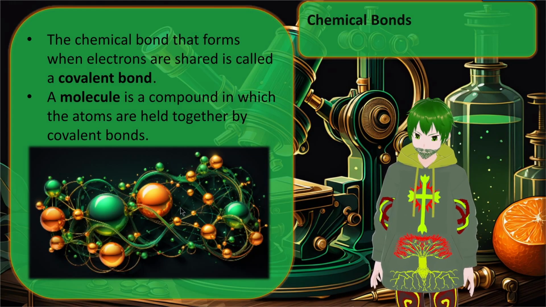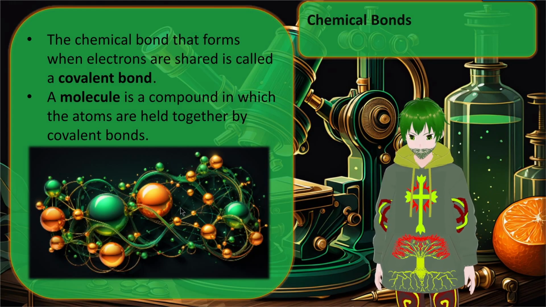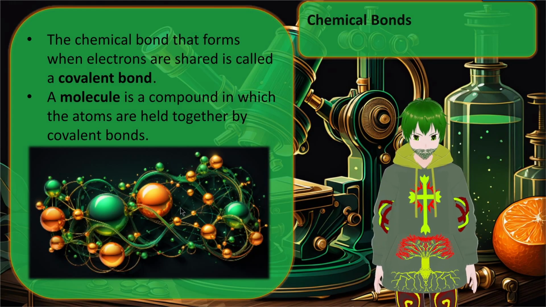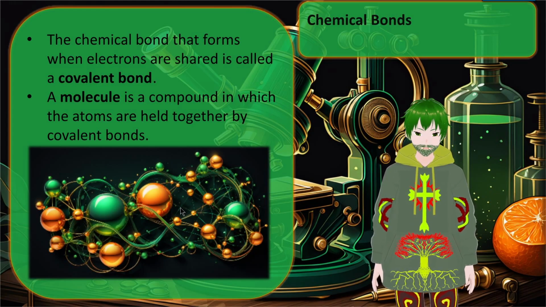So oxygen, for example, has 6 outer electrons. It wants to get up to 8 to make it more stable, because that's the rule. Again, there's many exceptions, but we don't need to know that for now.